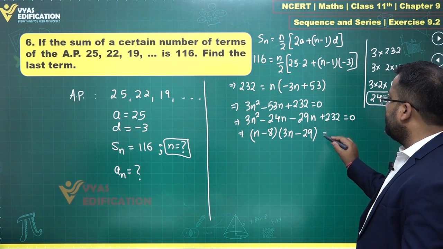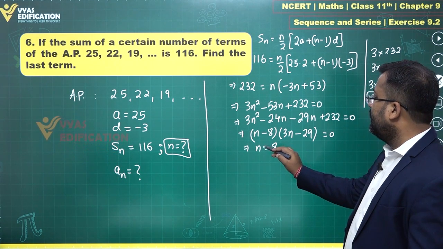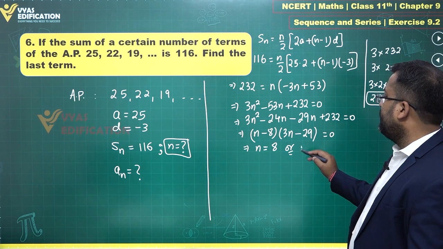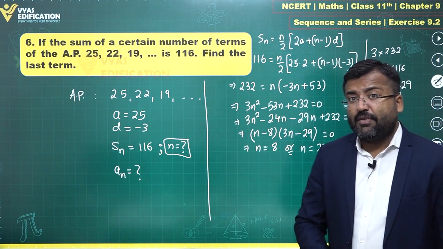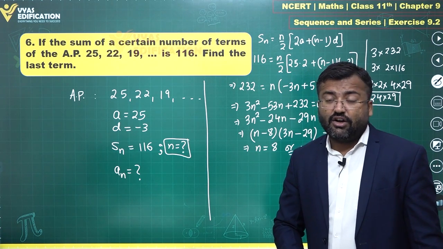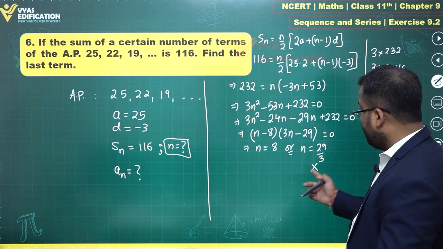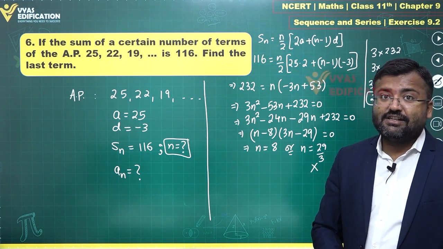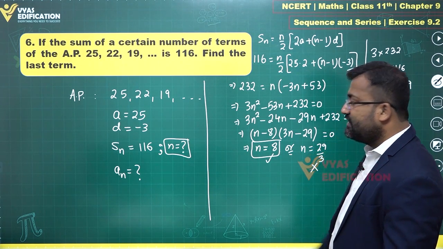This is what you get, this equals 0. So obviously n will be equal to 8 or n will be equal to 29 by 3. Now you can observe that 29 by 3 is not a natural number, so this cannot be the number of terms. We may have got two answers, but the other answer is not so good. So n is equal to 8 is the correct answer.